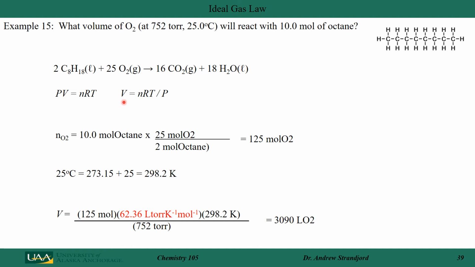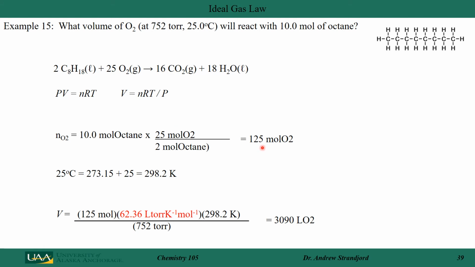I want to solve for volume of O2. So the first thing I'm going to do is calculate how many moles of O2 I have, and I can do that by taking my 10 moles of octane, substituting in from my reaction equation that for every 2 moles of octane I need to use 25 moles of O2.